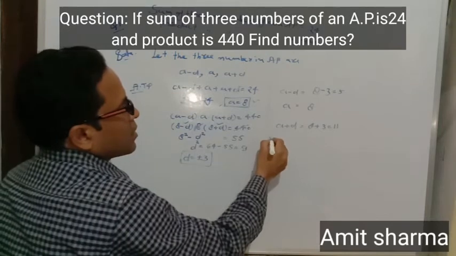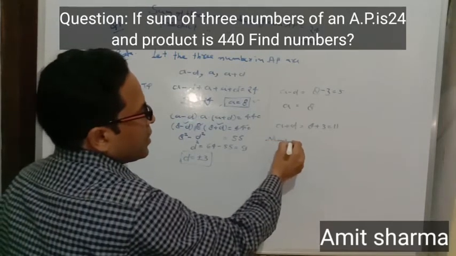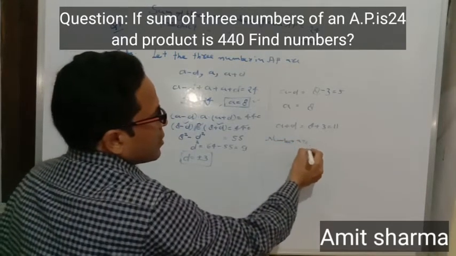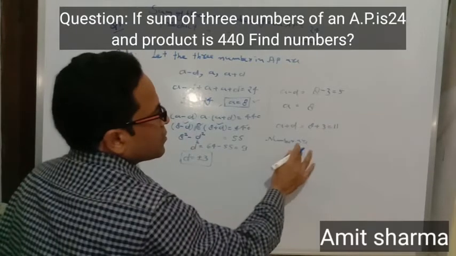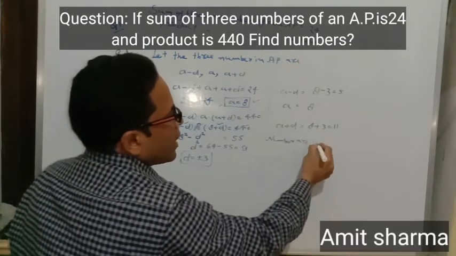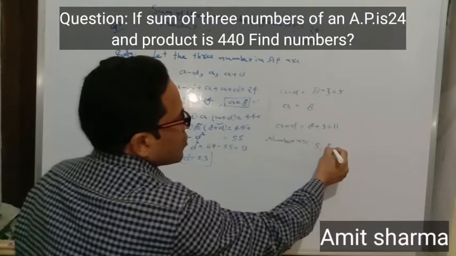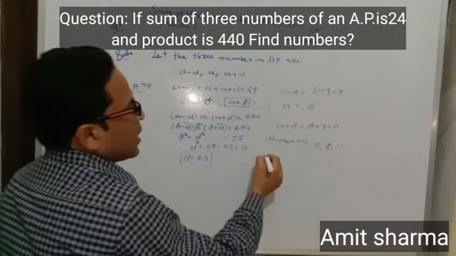So the numbers which are in AP are 5, 8, 11.